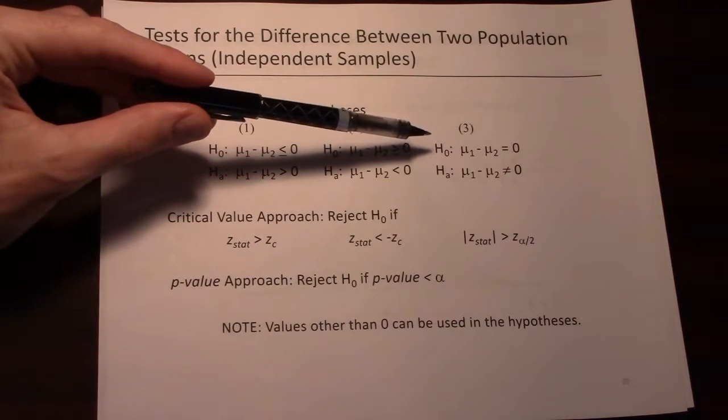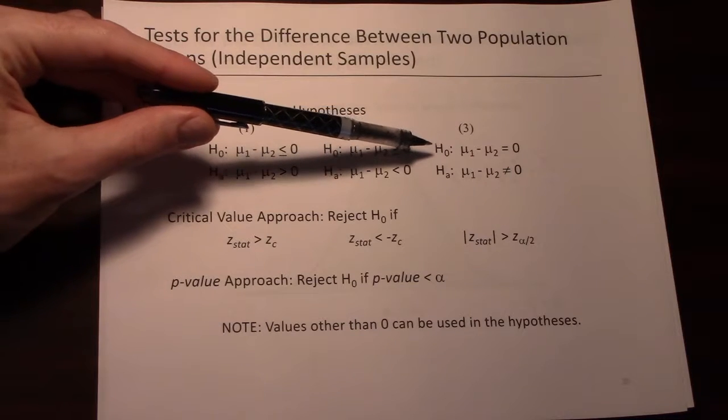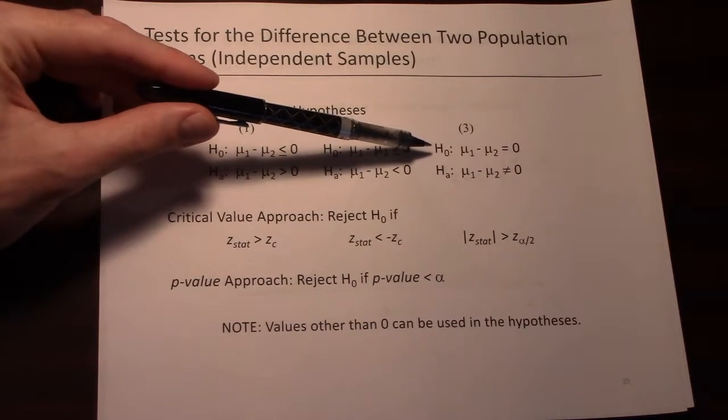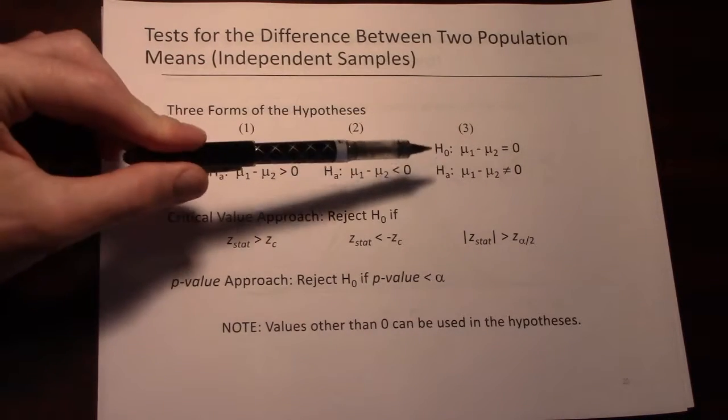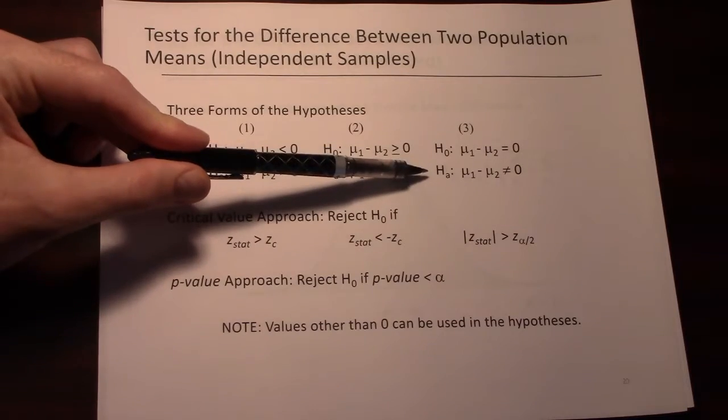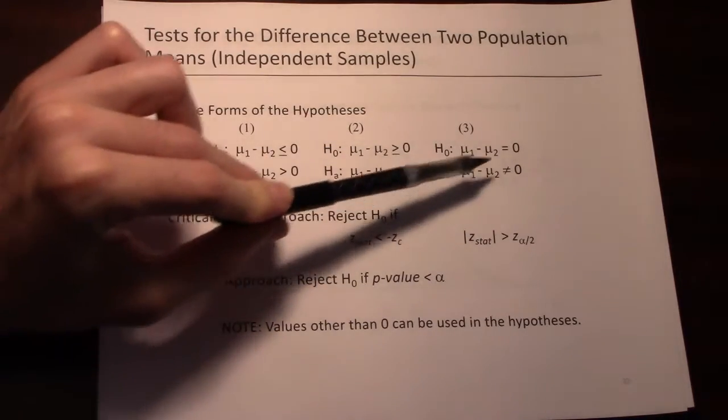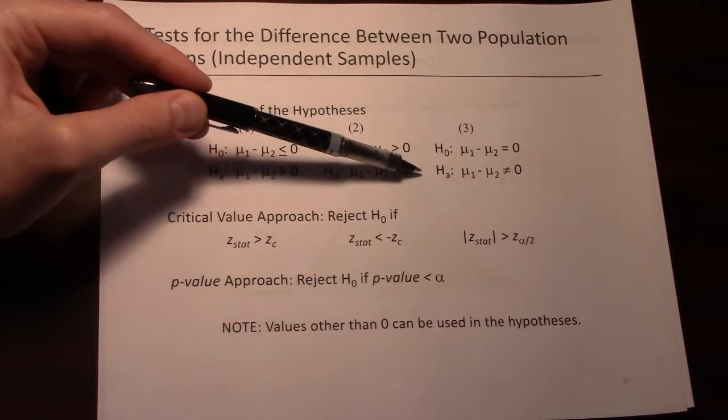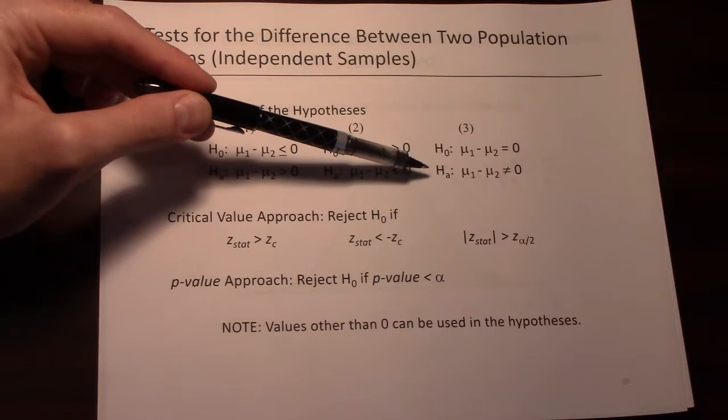If we're trying to investigate whether or not that's true, we might pose a hypothesis test, with that as the null hypothesis, and we look for overwhelming evidence to the contrary and say, well, the difference between them is not equal to 0. So the difference could be a significant high number or a significant low number.